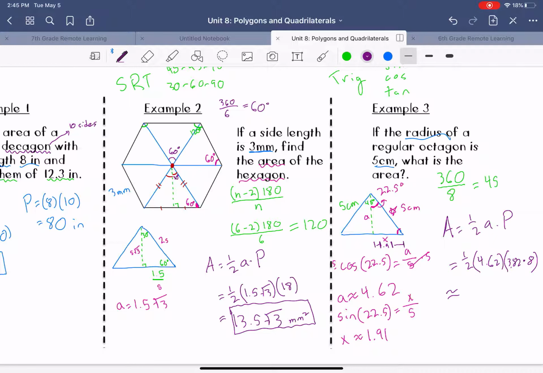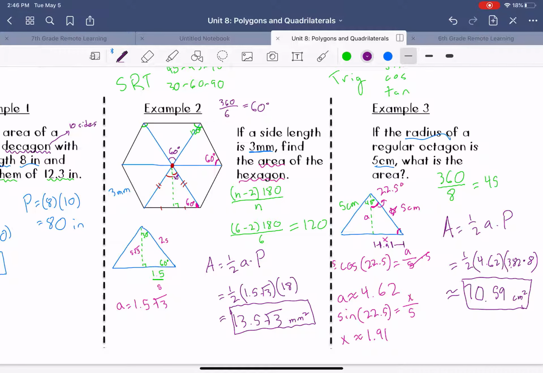Then I just plug that into a calculator: 1/2 times 4.62 times 3.82 times 8. I'm going to get about 70.59 centimeters squared. I did not give very much space right here to write that, so if you have bigger handwriting, that might be kind of hard, but do your best.